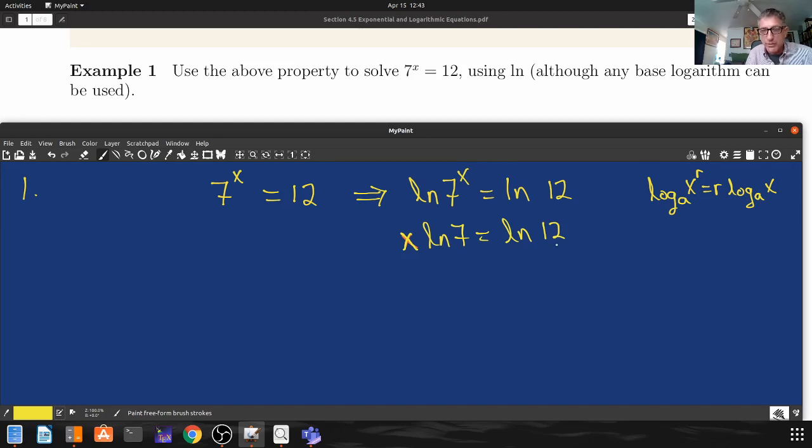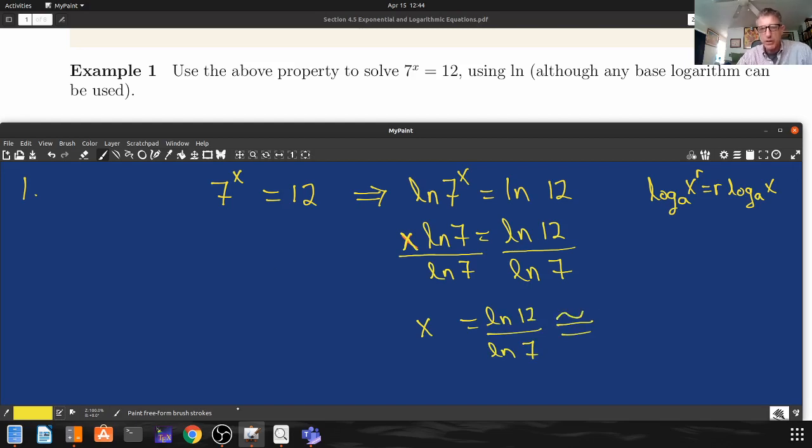The natural log of 12 is a non-zero number. So it's this one that really matters. I can divide both sides by the natural log of 7. So that's going to give me x is equal to the natural log of 12 divided by the natural log of 7.